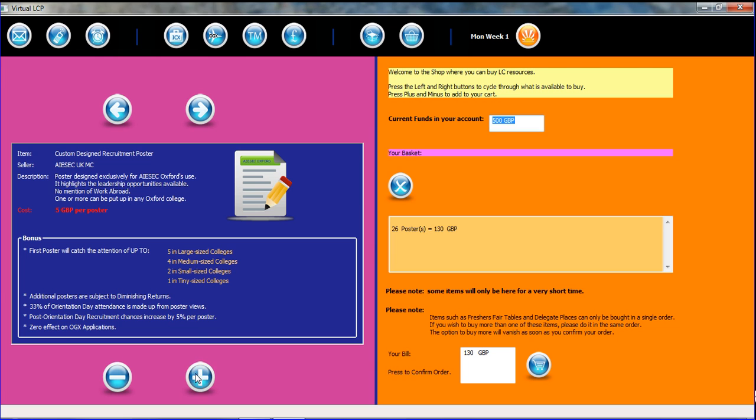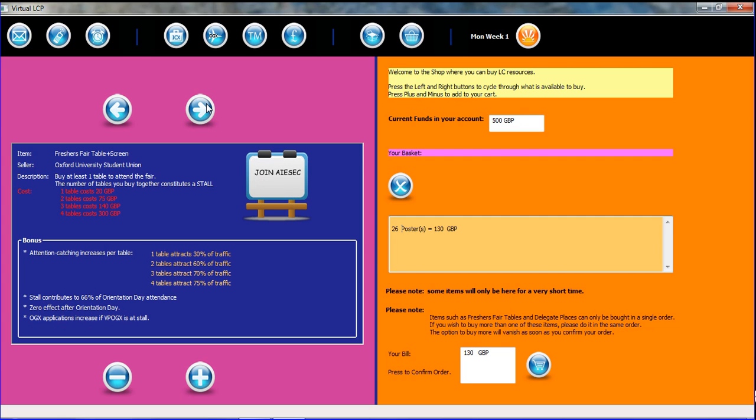So we get our stall automatically, but we have to buy tables for it. One table is 20, 2 tables together would cost 75, 3 140, 4 300. These are actually real figures from the year that I was LC. Quite daunting. I think it's to discourage societies from having lots of tables.